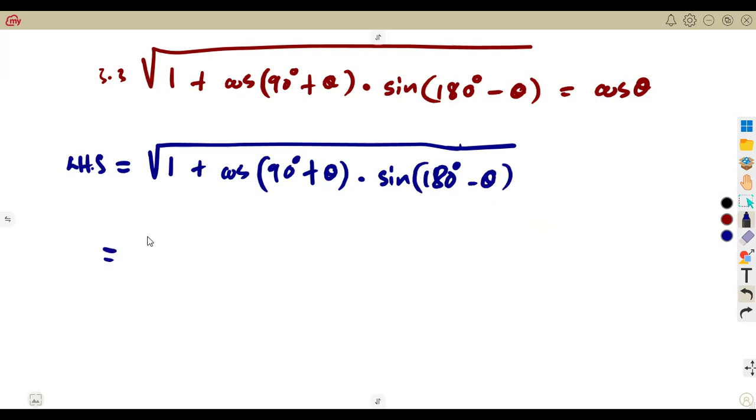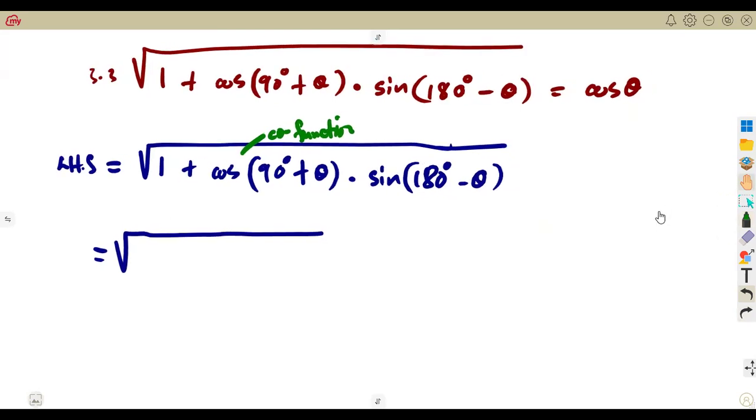So if we take our left-hand side, we can see that we have cos of 90 plus theta. This is from our core function. Remember your identities, ratios, core function, where cos of 90 plus theta is equivalent to what? Remember, cos changes to a sine, so it will be negative.